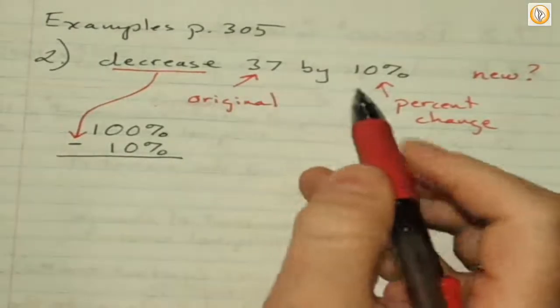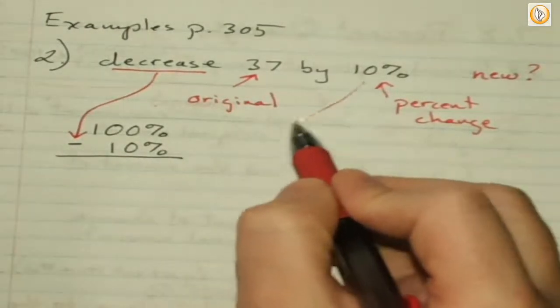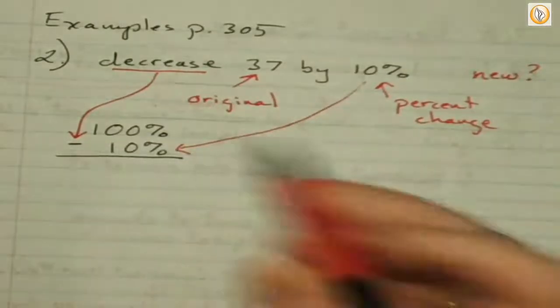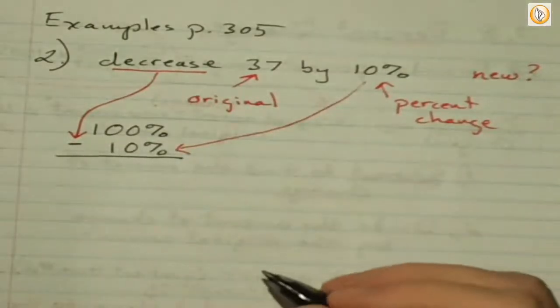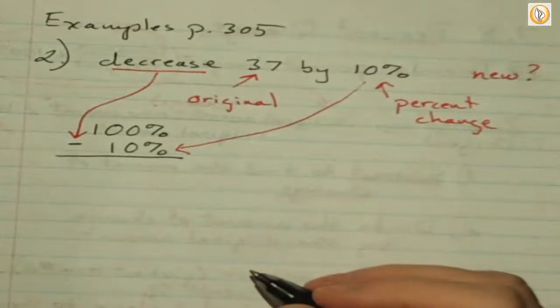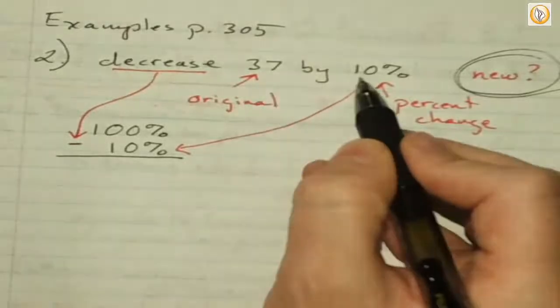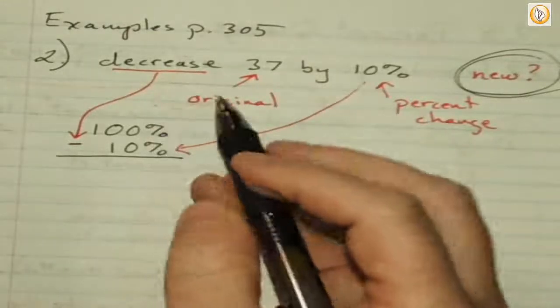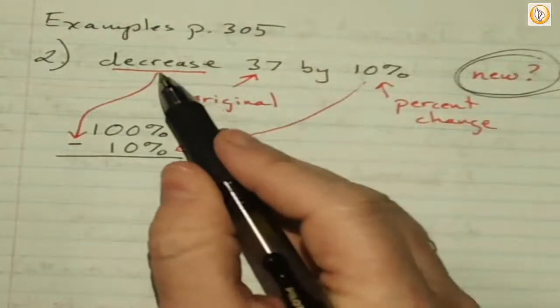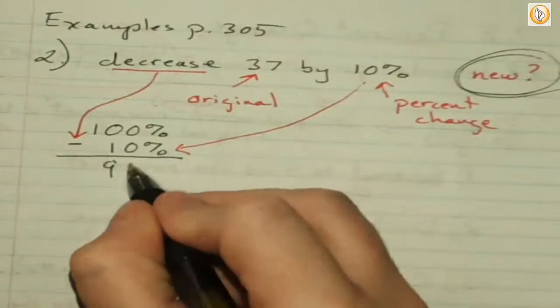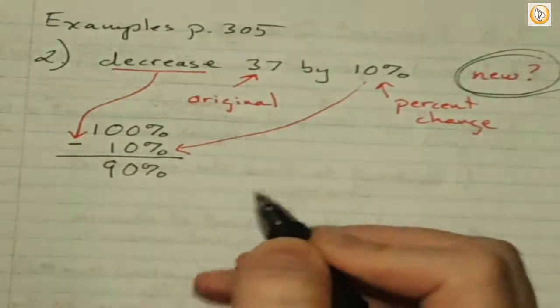So we're taking the percent change that they gave us and we're subtracting it from 100%. Does everyone see that? Remember, stop me if you don't understand something. So we're looking for the new amount. They gave us original and the percent change. They want us to find new. Because it's decreased, we're subtracting. We get 90%.